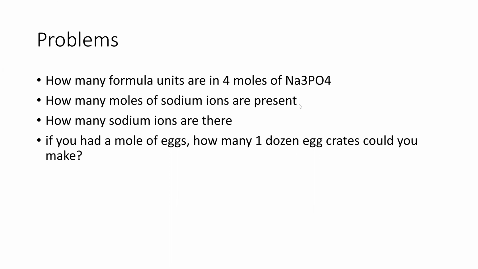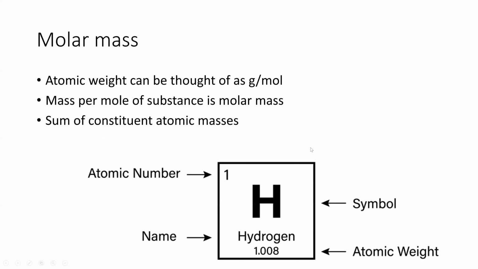Someone can just type the calculation in the chat. How would you do this calculation? Yeah, so 6.022 times 10 to the 23rd divided by 12. Right, great. I don't think that needs to be explained right now.